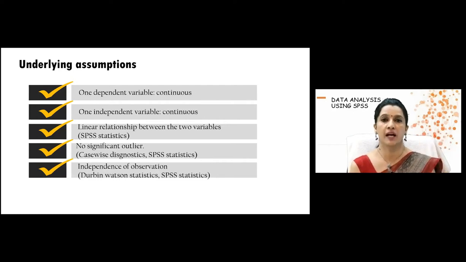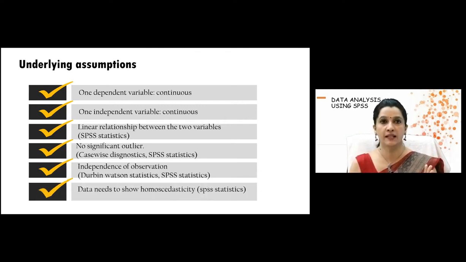Then we have read about the independence of observation previously also. So here we will talk of independence of observation in terms of residual. I'll tell you what these are. I'll explain all these concepts slowly one by one, and then the data needs to show homoscedasticity.